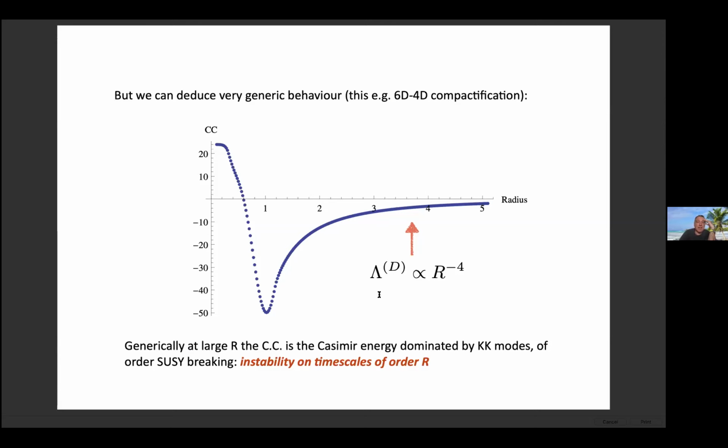So my cosmological constant lambda, when I compactify to 4 dimensions, is going to go like 1 over r to the 4. This is the generic situation: my radius dependence in the cosmological constant goes like 1 over r to the 4.